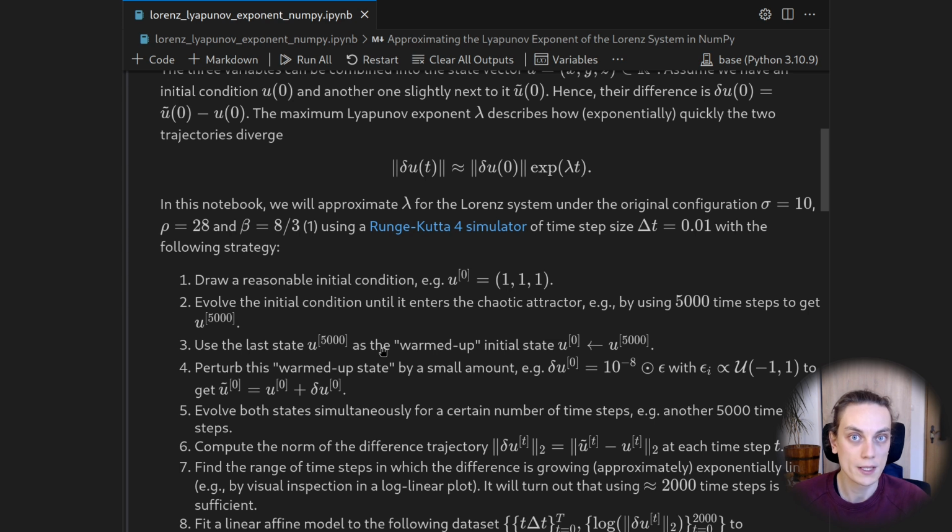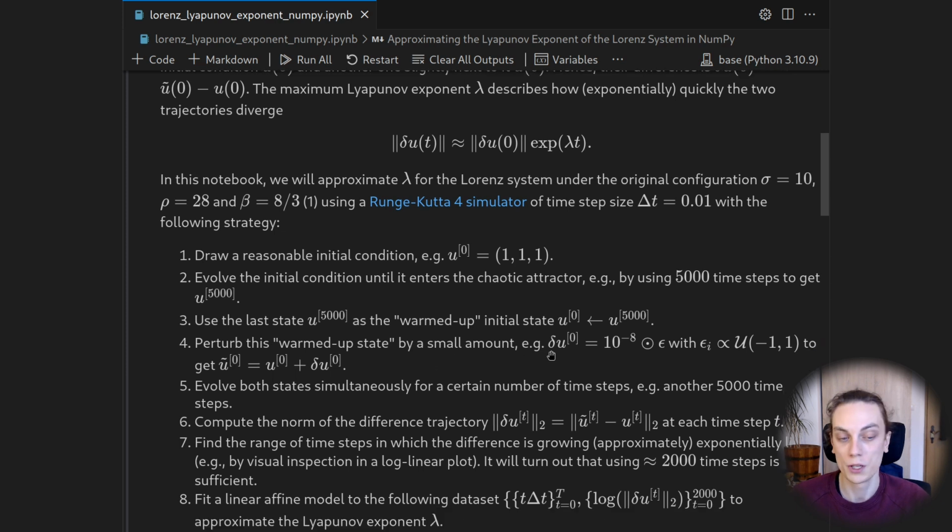Then we're going to reset the initial condition to that state after 5,000 time steps, and consider this as a warmed up initial state, because we're sure it's going to be on the chaotic attractor. And then we're going to perturb it by a very small amount. So here we're going to use noise drawn from a uniform distribution from -1 to 1, and then multiply it with a very small number, here 10 to the -8, such that we get a very small perturbation.